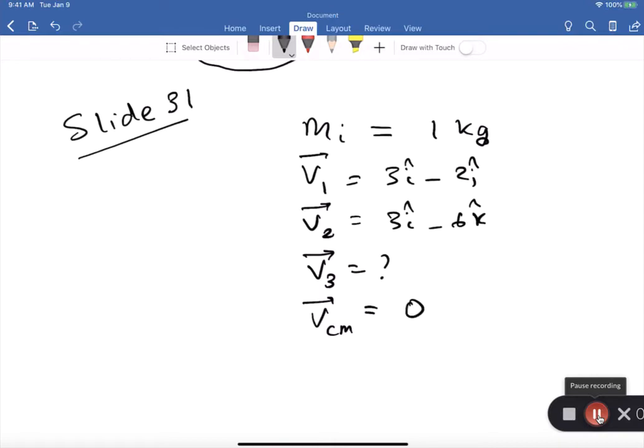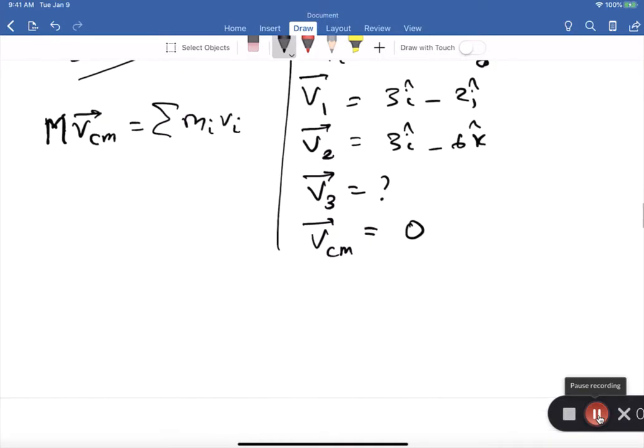Okay. So we want to find out this missing velocity. So how could we do this? Obviously, what we could do is we could just apply this equation: capital M VCM is equal to summation Mi Vi, right? So what is capital M? Capital M is the sum of all the masses, right?